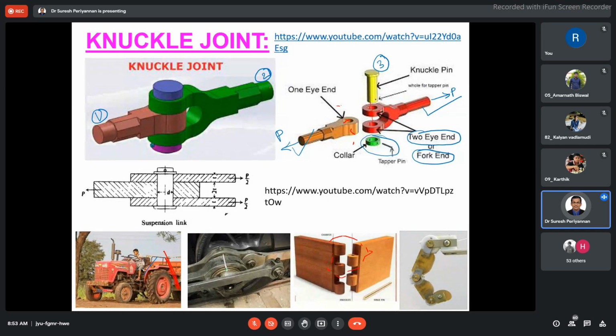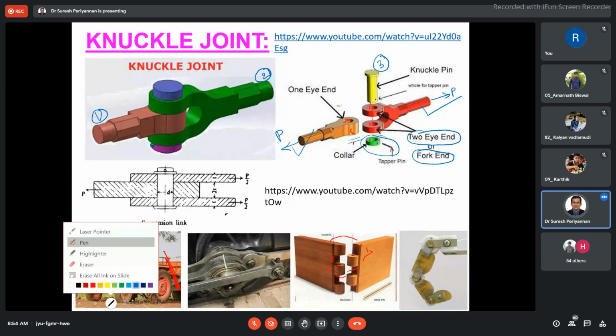This joint is also called the forked pin joint. Now I come to this video, where you can understand some more applications.